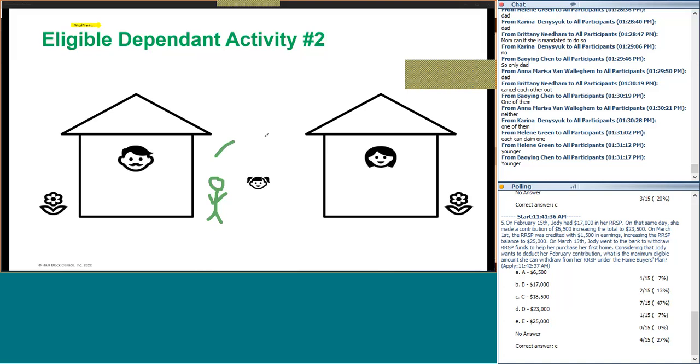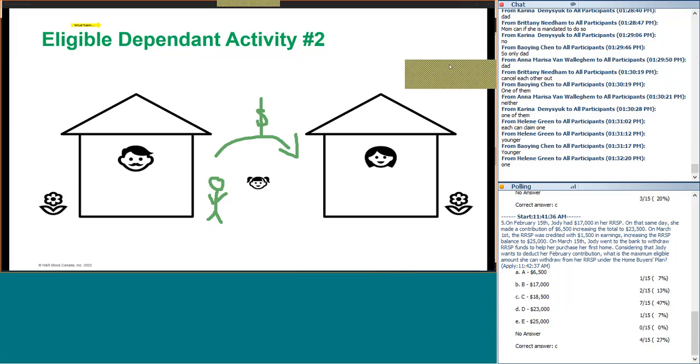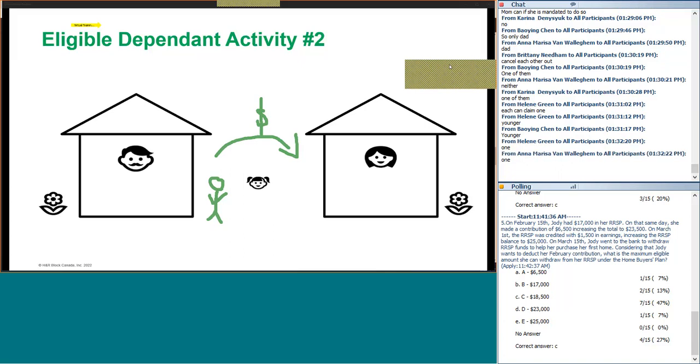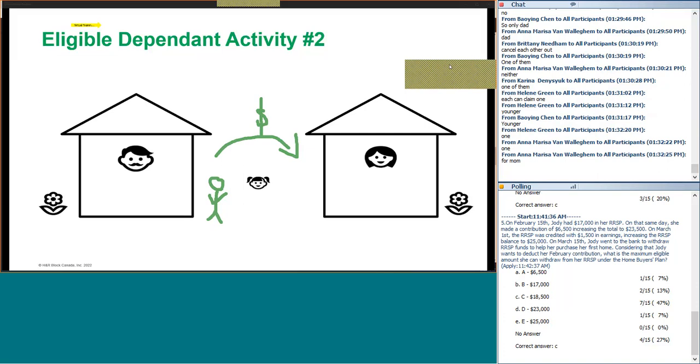Good. What if dad is paying child support to mom? Now, how many eligible dependent claims do we have? Just 1. Only mom. Excellent.